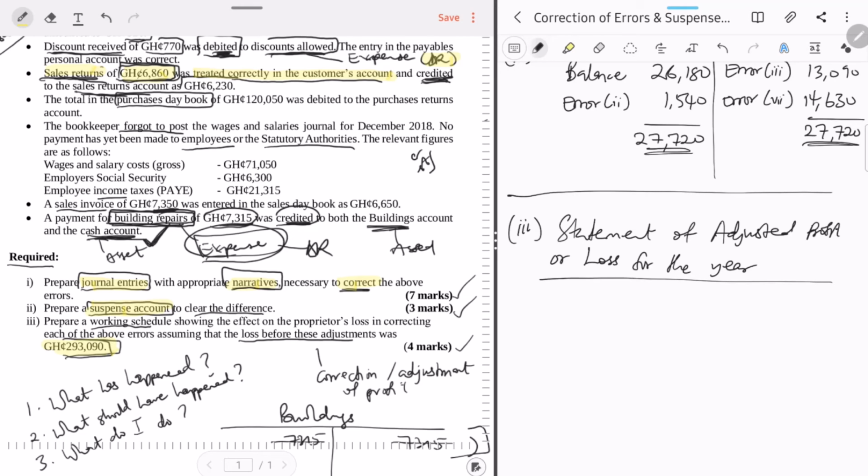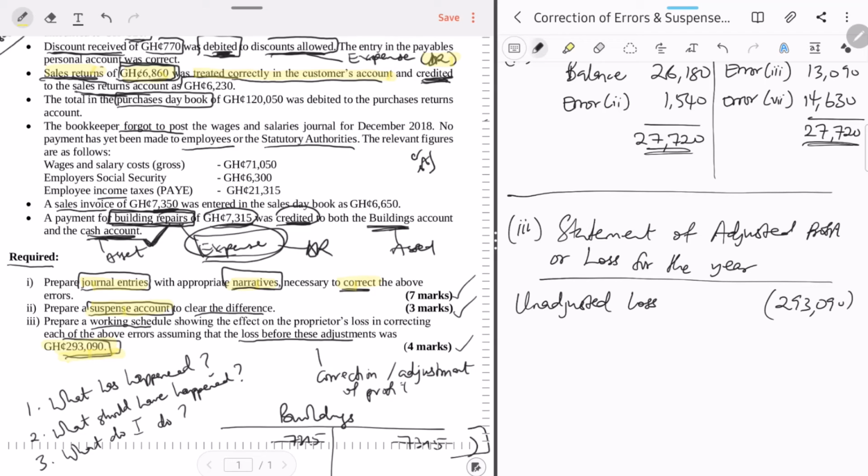So all you need to do is to state the loss they gave you in the question. So what we have, it is 293,090. So we just say unadjusted loss. What's the figure? 293,090. It's a loss, so let's put a bracket around it, right?